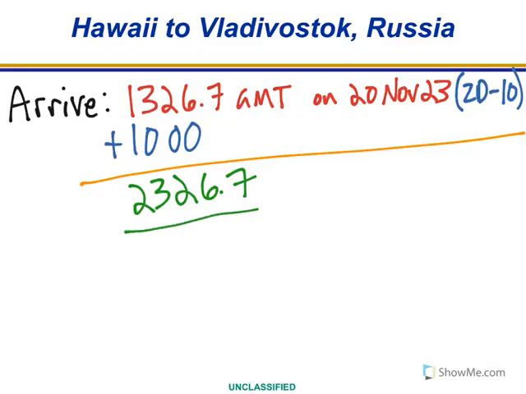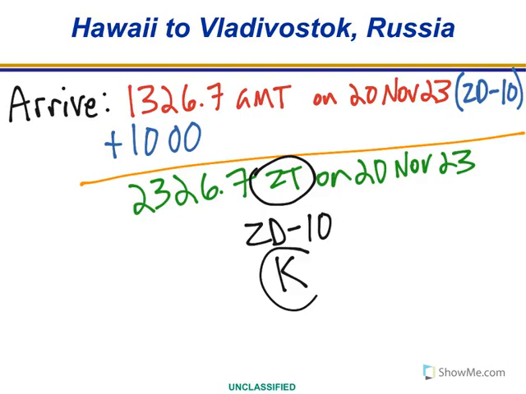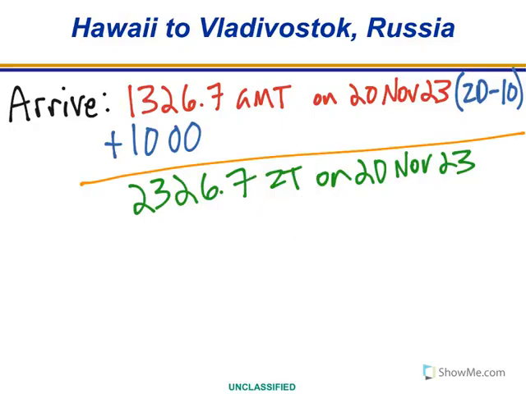So we will arrive at 23:26, and this is zone time, ZT-10, on 20 November 2023. Luckily, this did not carry over into the next day, so we don't have any days to add over here. For this zone time, you could either put zone time, ZT, or you could put the zone descriptor, which is ZT-10, or since we know the alphabetic designator of the time zone is Kilo, you could also put Kilo. Any of those are acceptable.